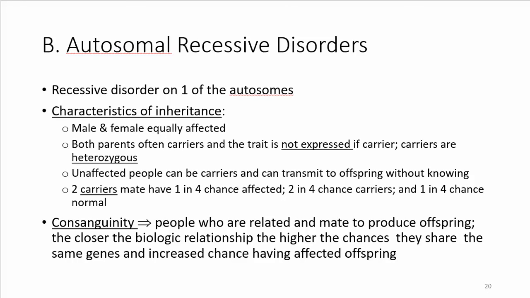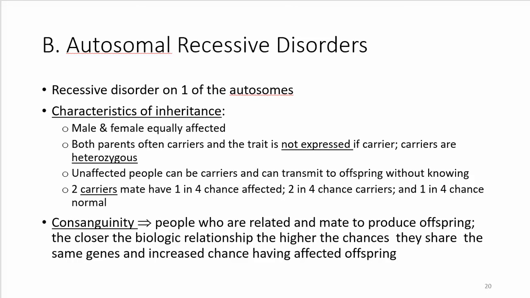Now, these autosomal recessive disorders are probably the main reason why we have cultural taboos about procreating with relatives, with siblings or with cousins, and the term for that is consanguinity.